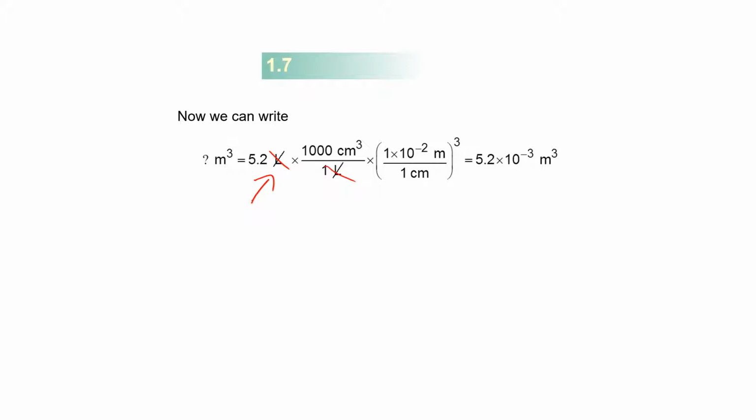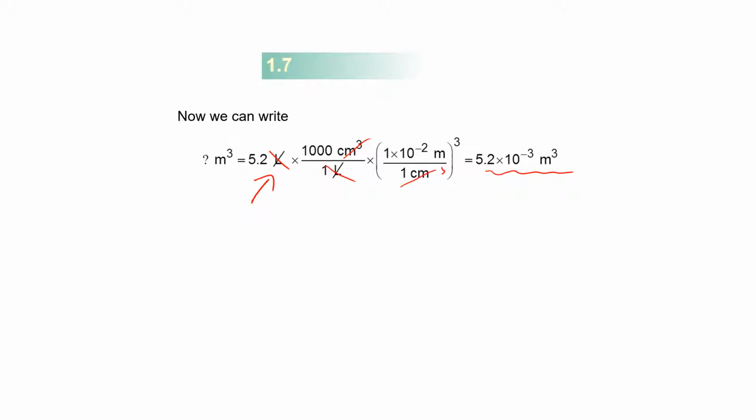But now, since we're doing this in one step, we have a second conversion. And we're going to lose the centimeters cubed, so we can go into meters cubed. And that's going to give us our final answer, 5.2 times 10 to the negative third meters cubed, which I remind you is the volume of an average adult's blood.